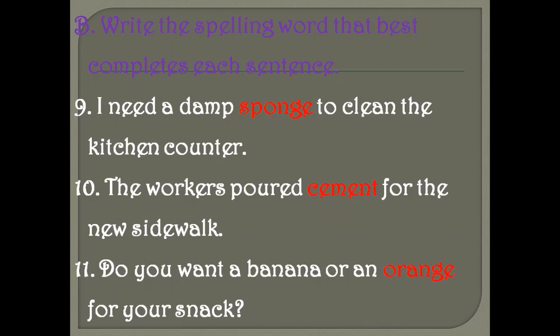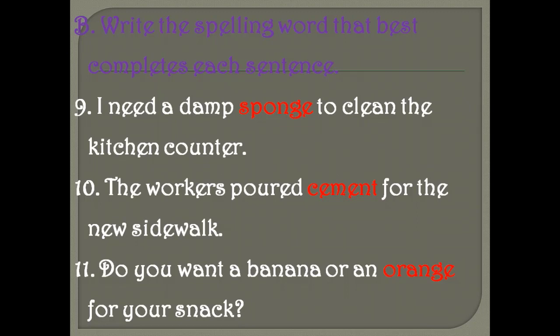Now moving to part B, write the spelling word that best completes each sentence. Sentence number 9. I need a damp sponge to clean the kitchen counter. 10.